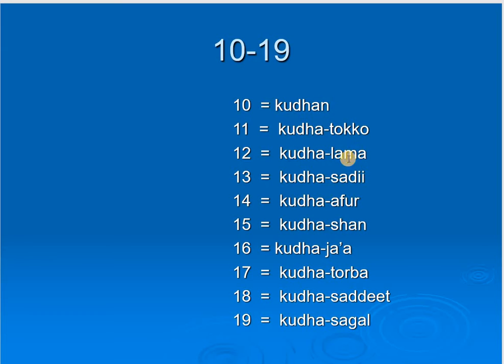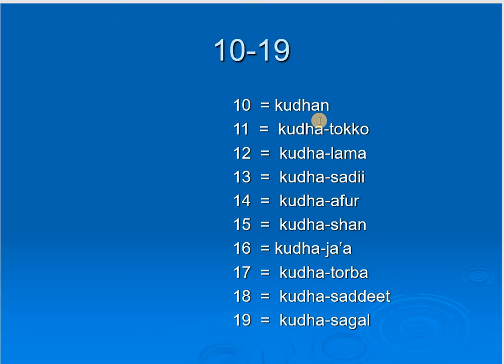Kuda Lama, Kuda Sadi, Kuda Afur, Kuda Shan, Kuda Ja'a, Kuda Torba, Kuda Saddeet, Kuda Sagal. So what we did is we added Kuda to the numbers from 1 to 9: Kuda Tokko, Kuda Lama, Kuda Sadi, and so on.